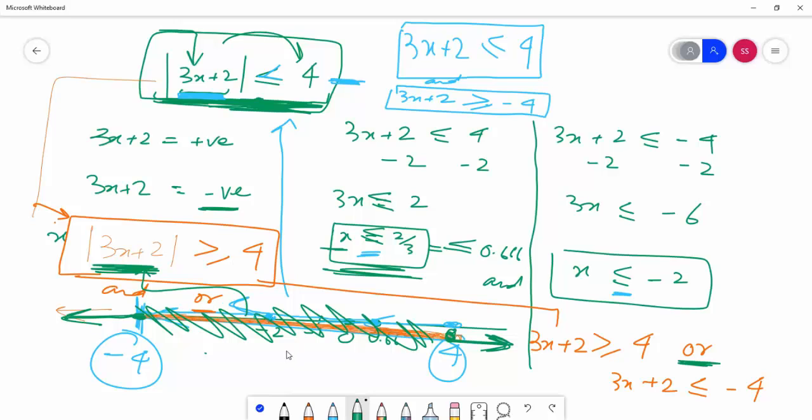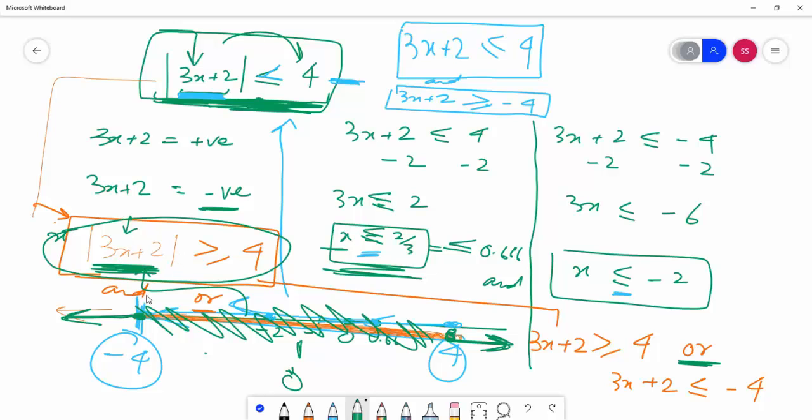Let us see 0, because 0 is also in between negative 4 and 4. Let us plug in the value of x as 0 and see whether that works here or not. Is this inequality holding true?